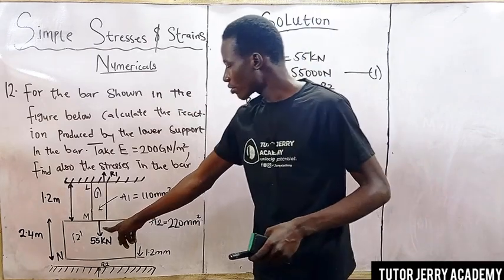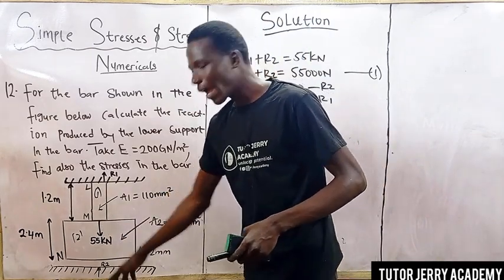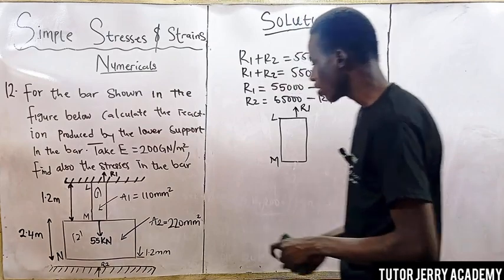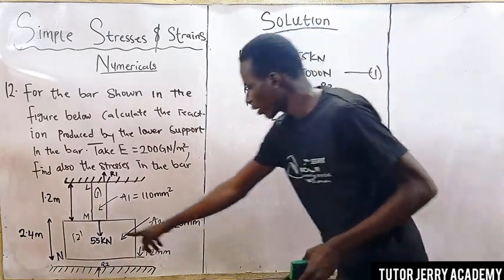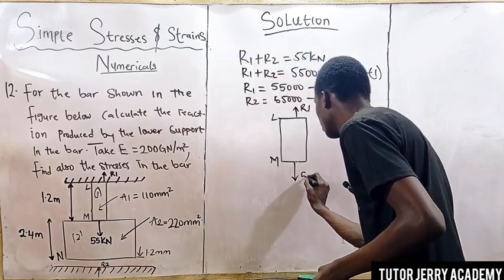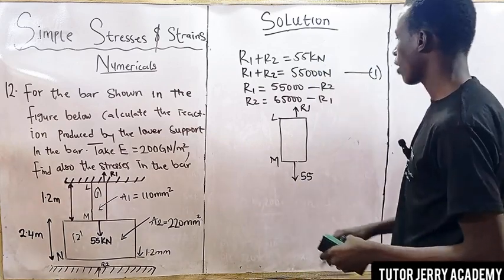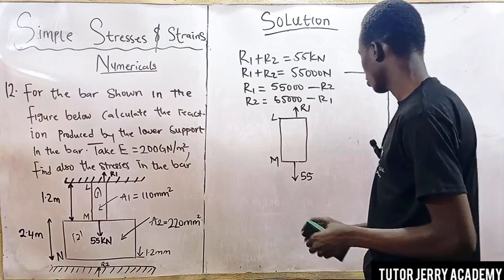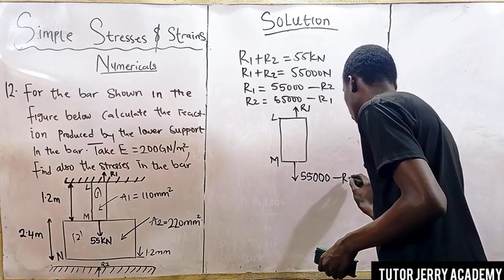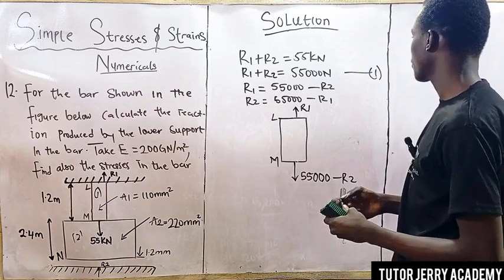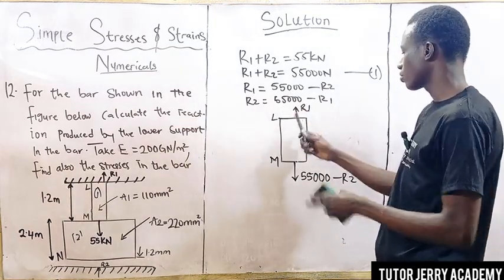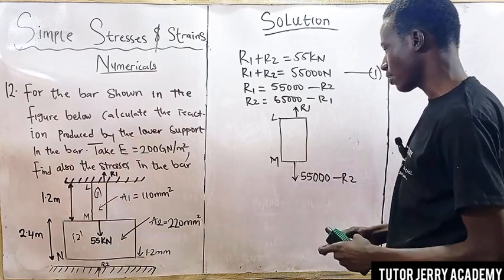To get the tensile force, I subtract the opposing force, which is R2. So 55,000 minus R2 gives the pull at this point, and this is equal to R1. So this section is in equilibrium.